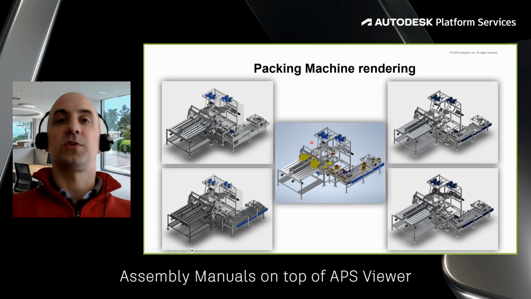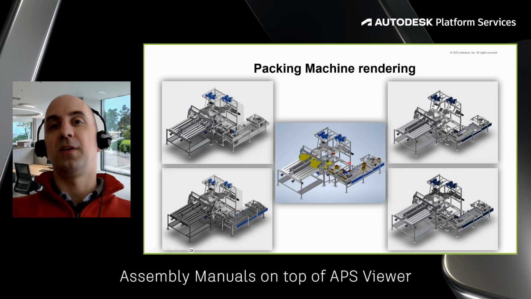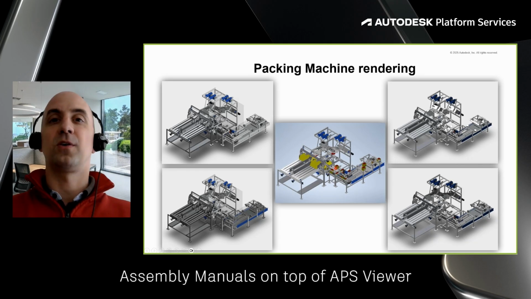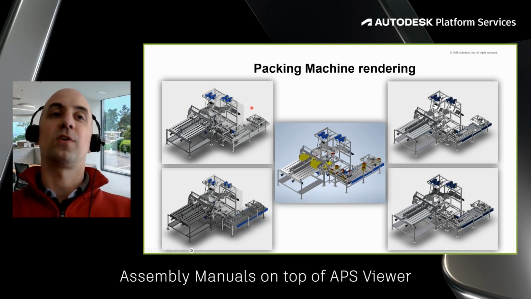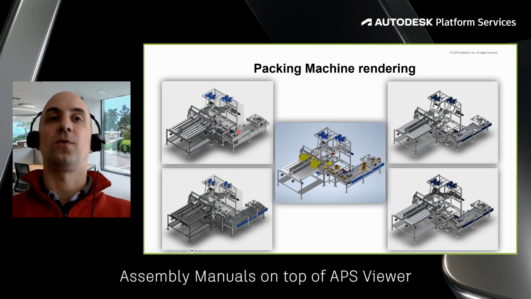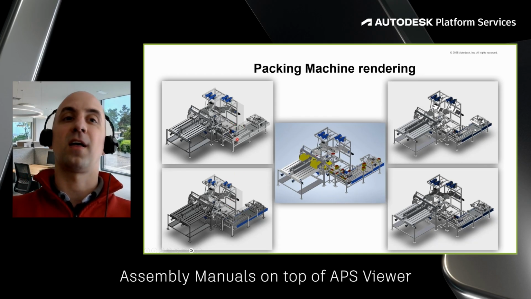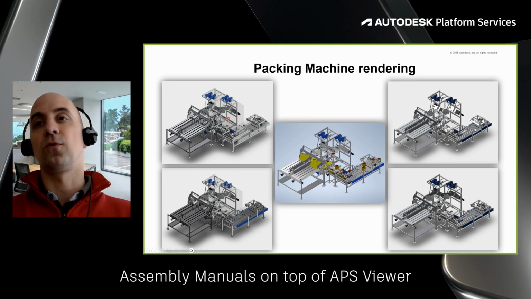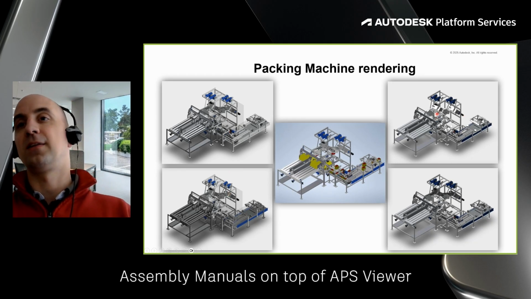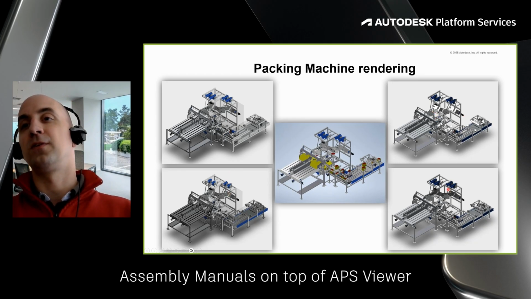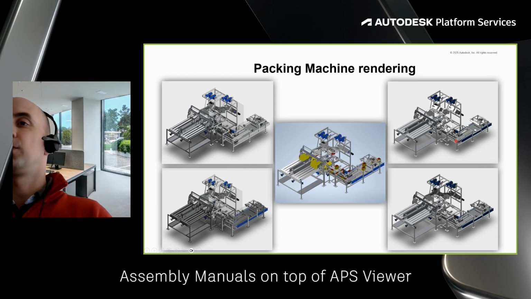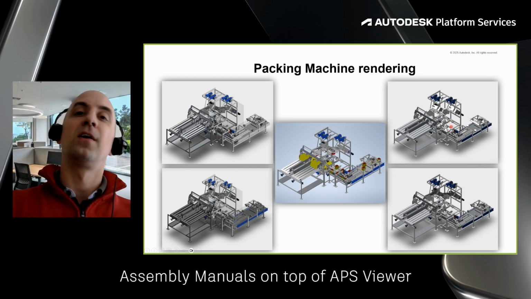As for the packet machine, again, we have the Inventor picture here in the center, and on the left side we have results of how the SVF file looks after using the Vault translator, and what the SVF looks like after using the Inventor translator.